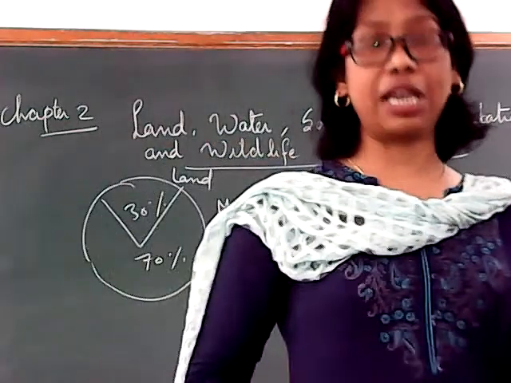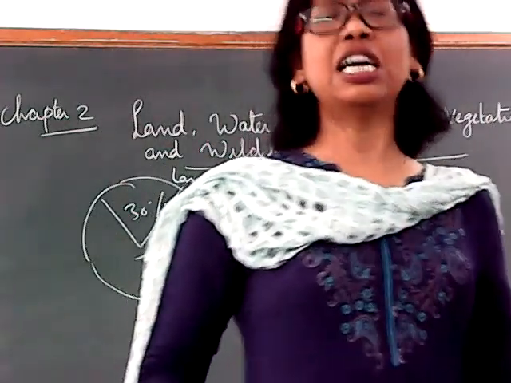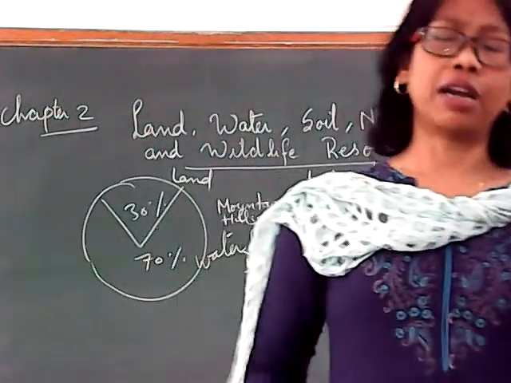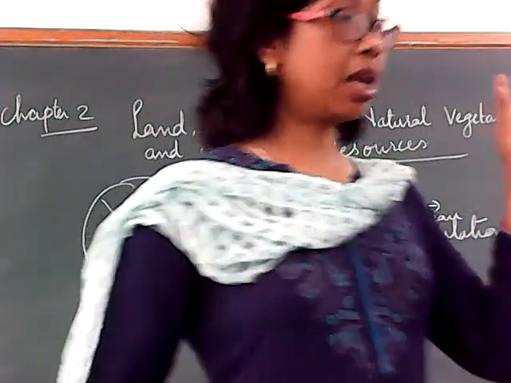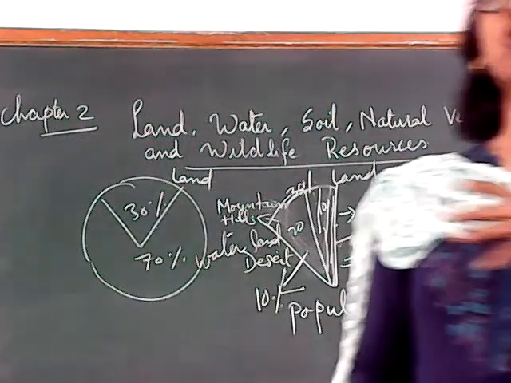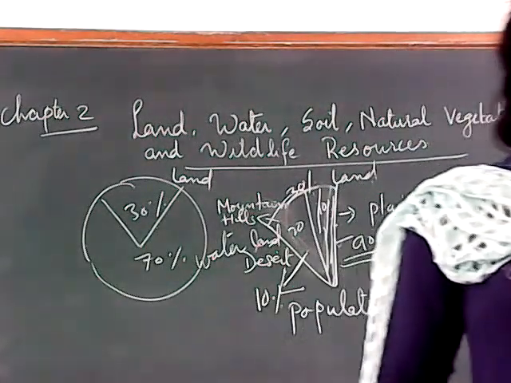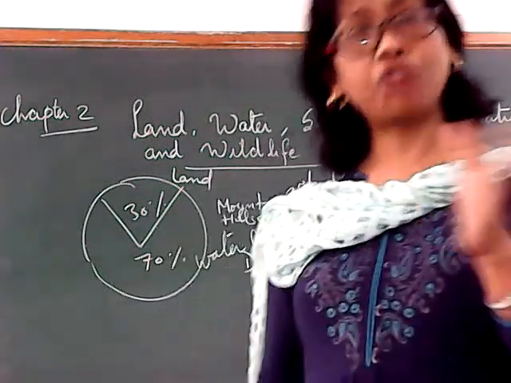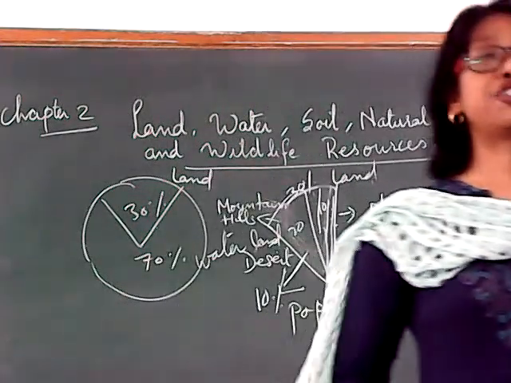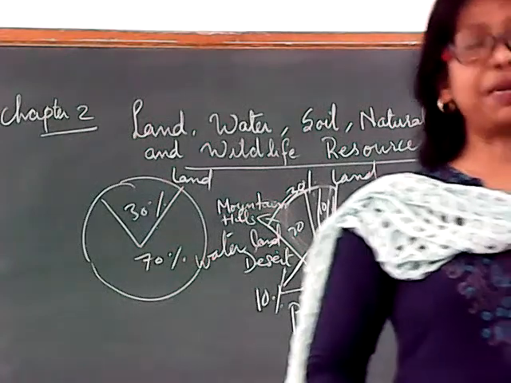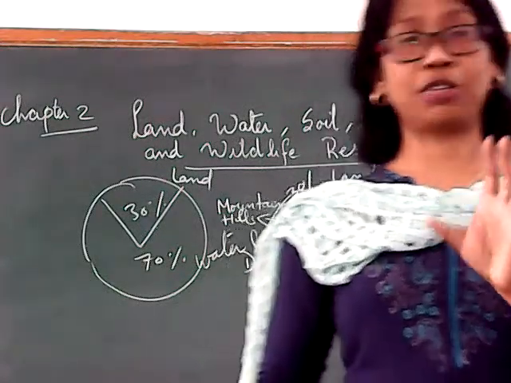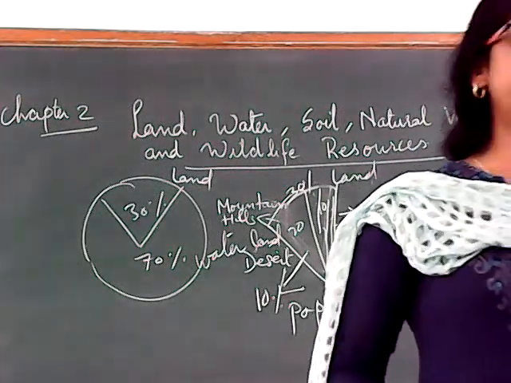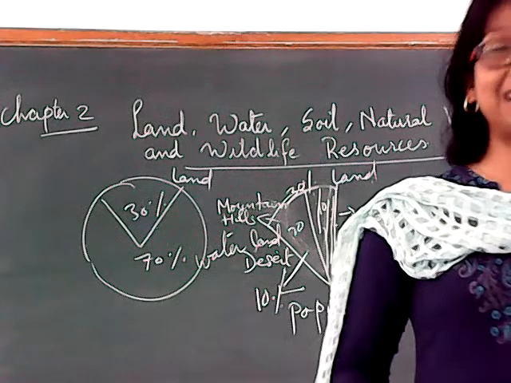Also very dense forests, like the Amazon basin, which is rainforest. Throughout the year it rains and it is densely forested, but in those areas also the population is very less, sparsely populated.